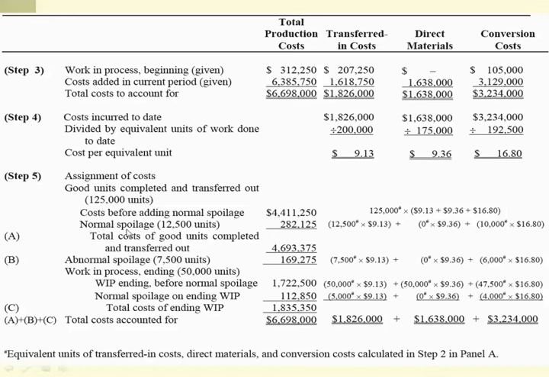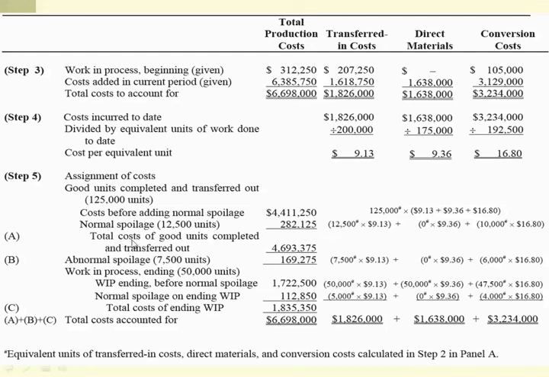Then we calculate normal spoilage for good units for 12,500 units: 12,500 multiplied by 9.13 for transfer in costs, 0 multiplied by 9.36 for direct material, 10,000 multiplied by 16.8 for conversion costs will result in 282,125.